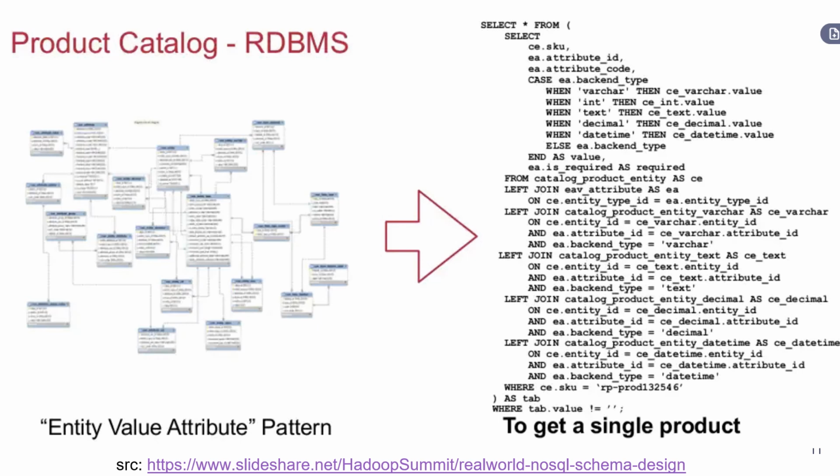This is the case when we try to model our product catalog or product description in the relational model. It would end up having this very complex structure because we want to have the attributes that are possible for different types of products, so we try to model them completely.